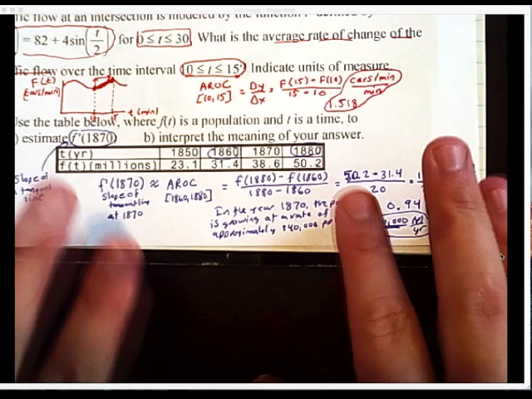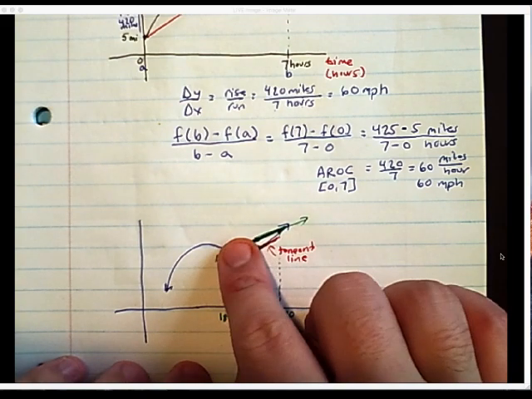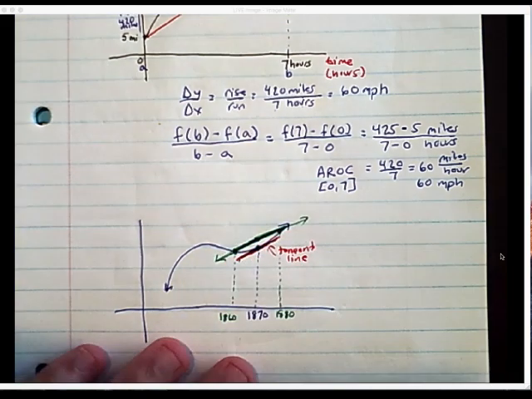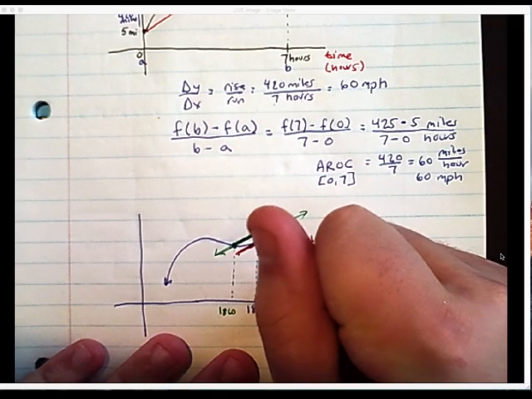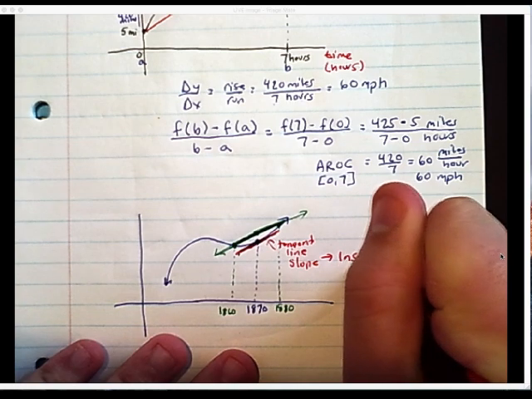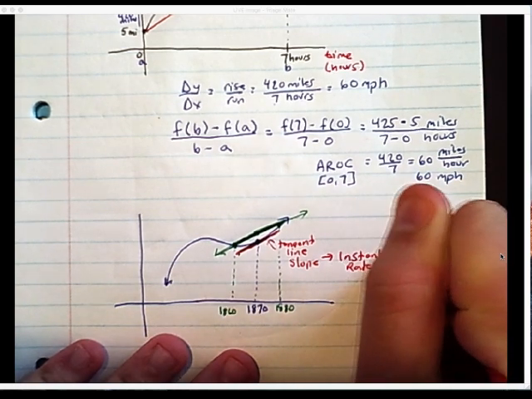So this note card illustrates this important concept where average rate of change is the slope of the secant line, which can approximate the slope of the tangent line. Okay, and the tangent line slope is also called the instantaneous rate of change.